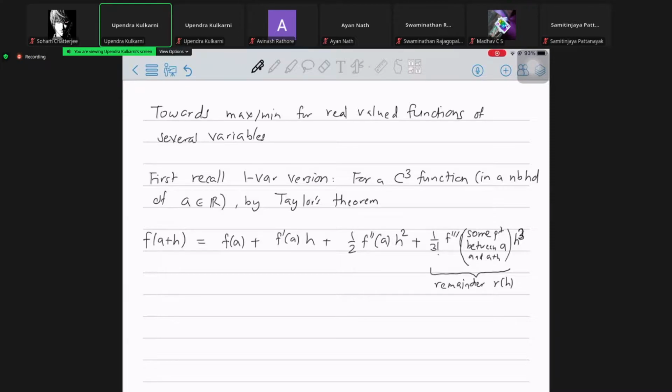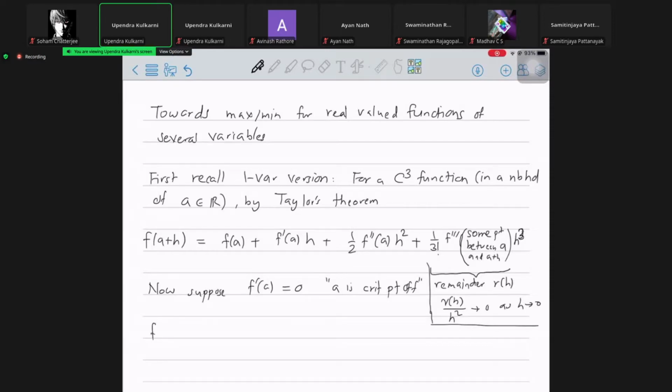Let's recall the second derivative test. Now suppose that f prime of a is equal to 0, that is to say a is a critical point. So R of h by h squared.